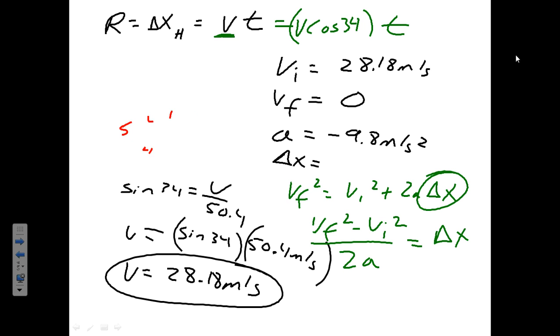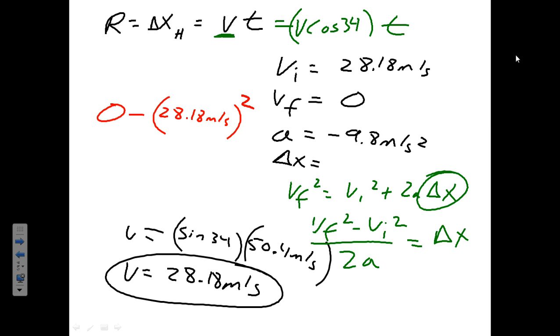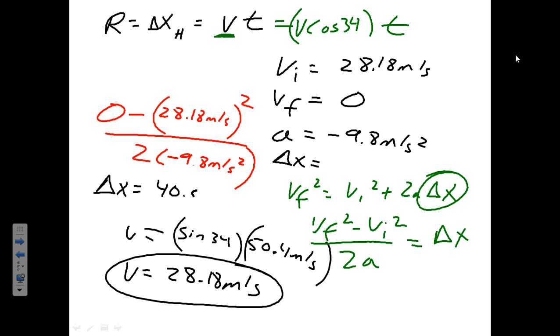So our final velocity is 0 at our maximum height, minus our initial velocity squared, all divided by 2 times negative 9.8. So let's see, 28.18 squared divided by 19.6. So yep, we get 40.5. So our displacement, 40.5 meters.